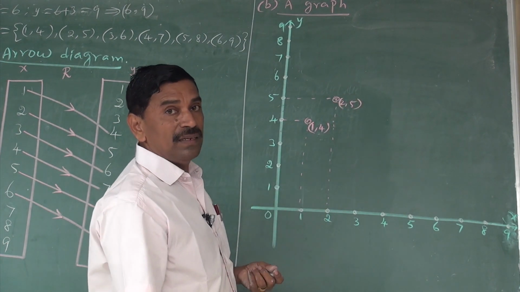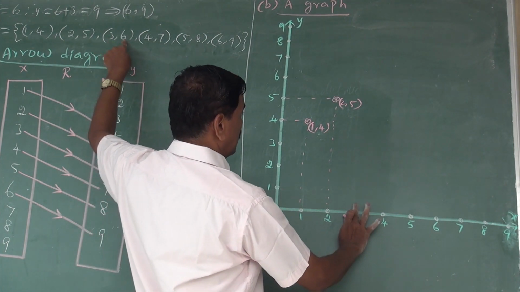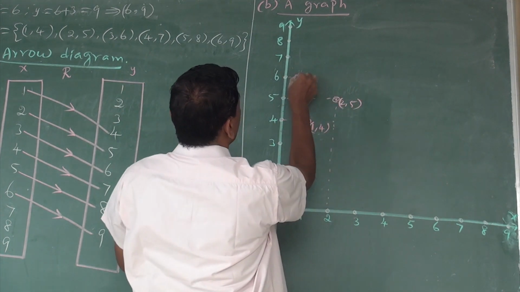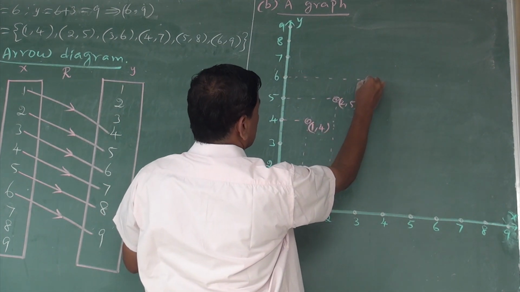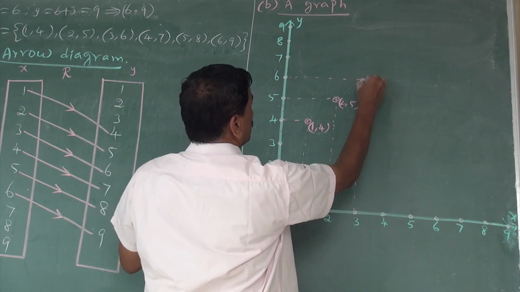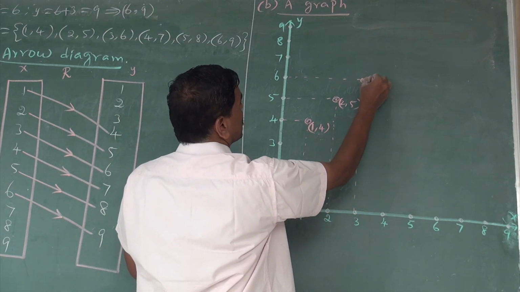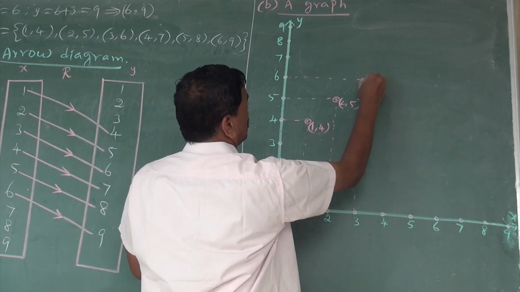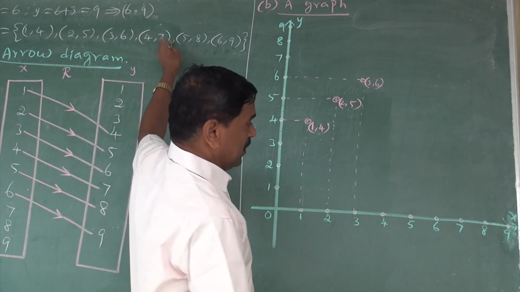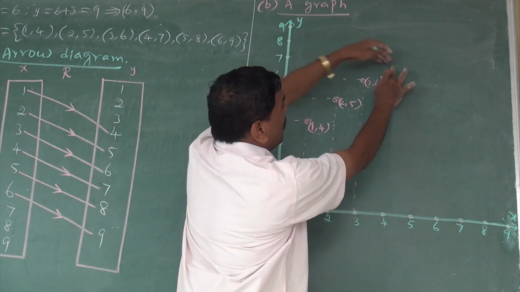Next ordered pair, yes, 3 comma 6. 3 is related to 6. Can you tell me what this point is? Yes, 3 comma 6. Next, yes, 4 comma 7. Listen, 4 is related to 7.